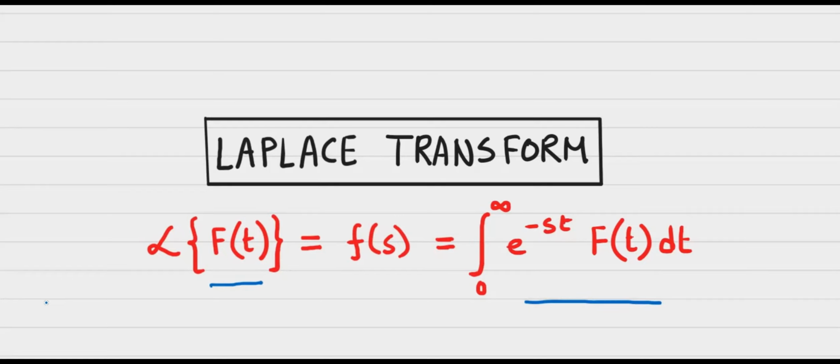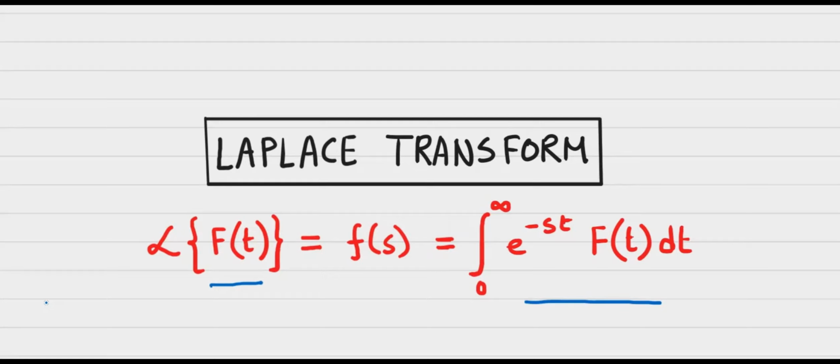Now, as you can assume, this e to the power negative st is suppressing the function f of t, well, dt is not part of the function, but f of t really strongly, and therefore we may expect the integral from 0 to infinity may exist.